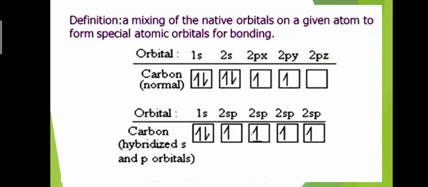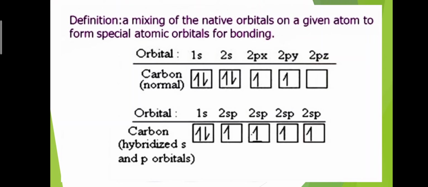For example, the orbitals of carbon in the ground state, or in normal condition, are 1s2, 2s2 and 2p2. Carbon contains 6 electrons. 2 electrons are present in the 1s orbital, 2 electrons are present in the 2s orbital, 1 electron in the 2px orbital and 1 electron in the 2py orbital.